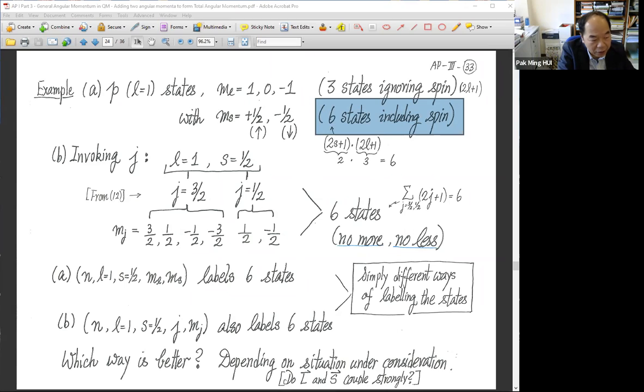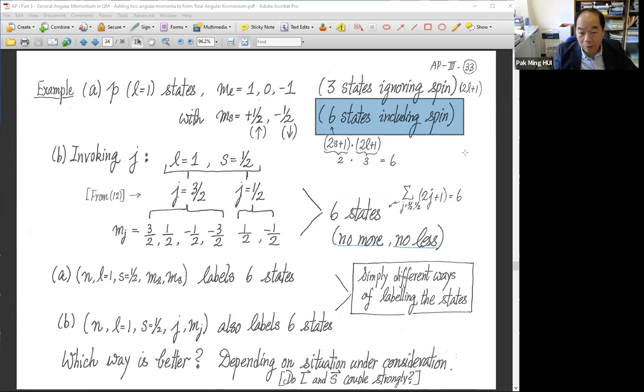P states including spin, okay? Imply 6 states. You know that, right? I hope that you know that because the next thing needs that. Do you know that? Happy with this? You are happy with this statement? Okay. And that is the periodic table. You see? Okay.